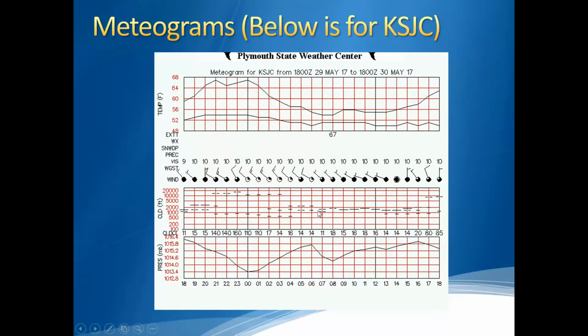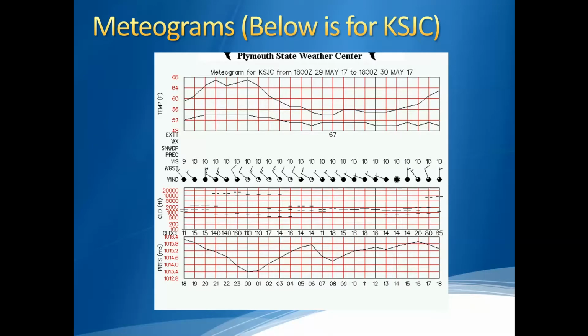And then this right here shows you air pressure. And different meteograms can show you different conditions. You can see precipitation on one. You can see other things such as how much precipitation. But this is basically a one-stop shop for all of the weather information for a given location.